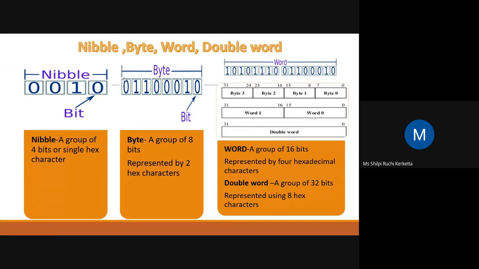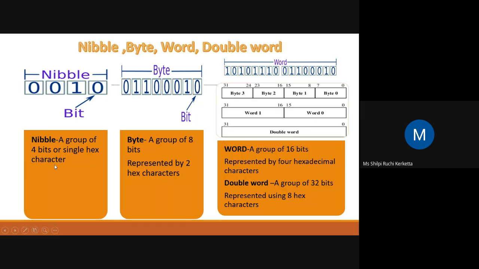We already discussed nibble and byte. Bit is only one term, but if we combine 4 bits, then it becomes a nibble. We can say a group of 4 bits, or if we convert into hexadecimal, which we will study later, it is a single hex character.